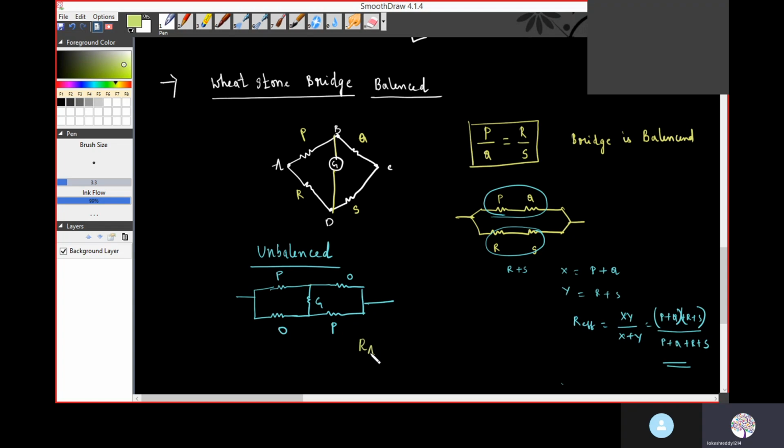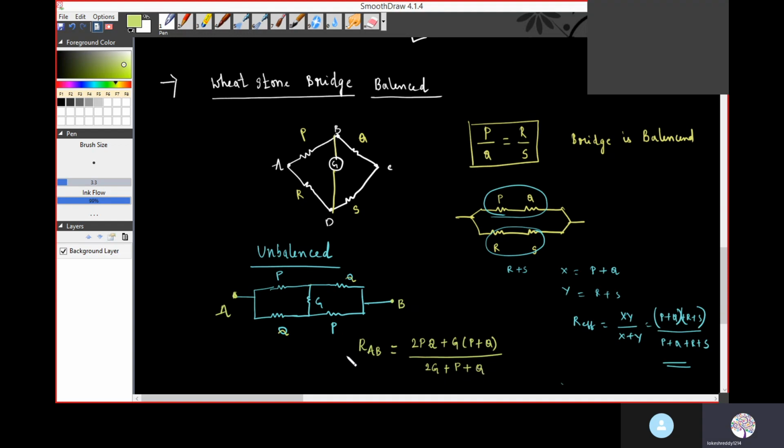So the shortcut formula is for the resistance between A and B. Let us take this terminal as A and this terminal as B, and R_AB is equal to (2PQ plus G into (P plus Q)) by (2G plus P plus Q).